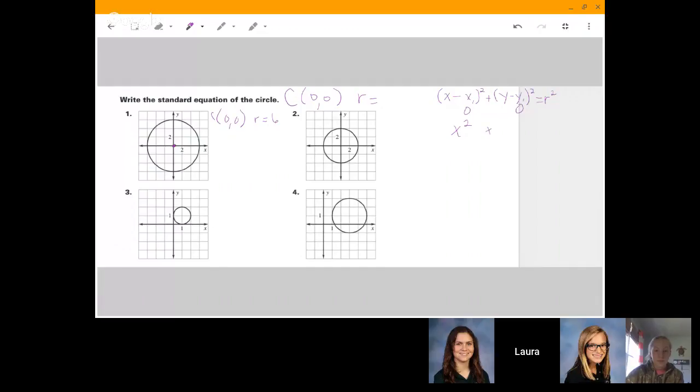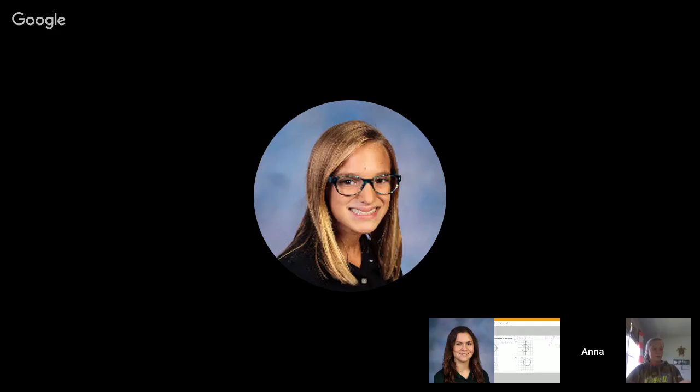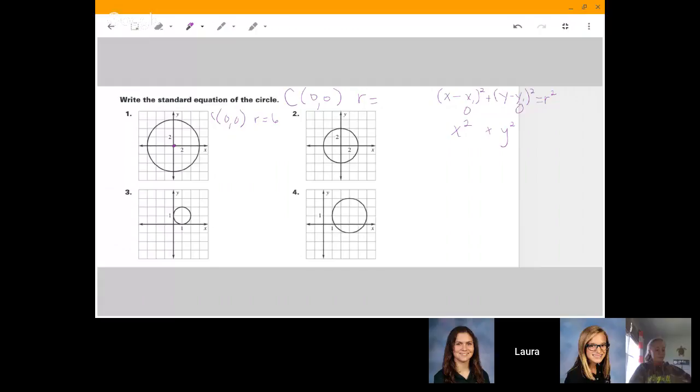Y minus 0 is just y. So it's y squared. So every time your center is at the origin, the 0, 0 is your center, then the left side of your equation is just going to look like that, x squared plus y squared. And then you square your radius, which for this question would be 6 squared, 36.